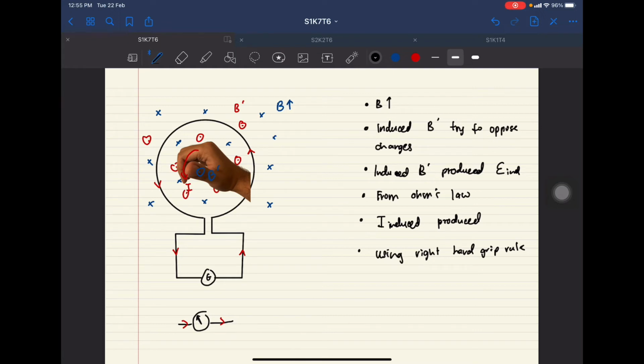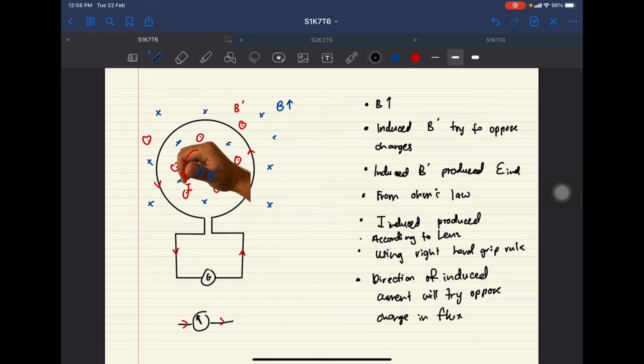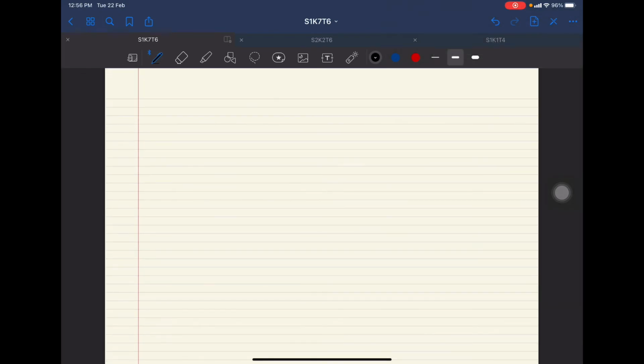So here I can write: induced current is produced according to Lenz's law, the direction of induced current, we try to oppose the change in flux.